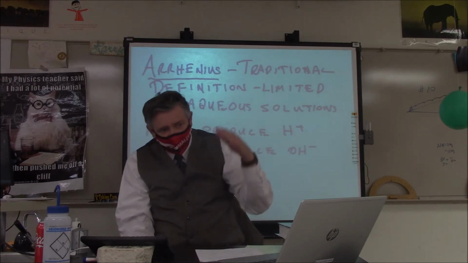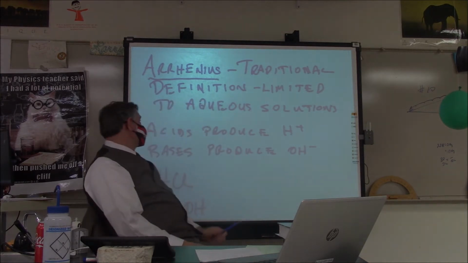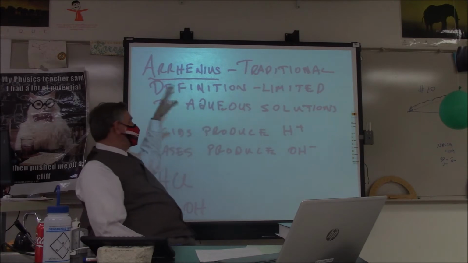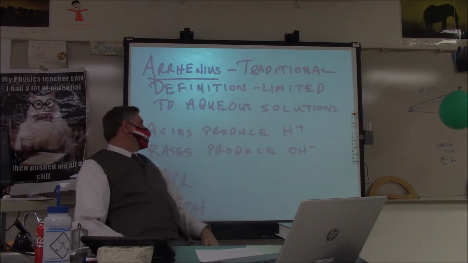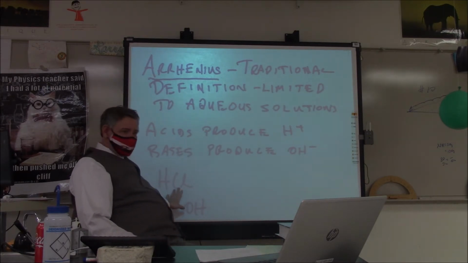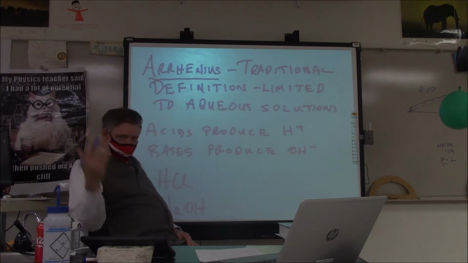The first working definition was the Arrhenius definition, what I refer to as the Chem 1 definition. Acids are going to contain hydronium ions, like hydrochloric acid, nitric acid, sulfuric acid, hydrobromic acid.